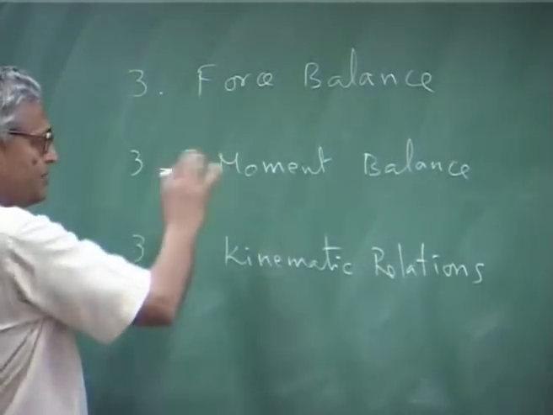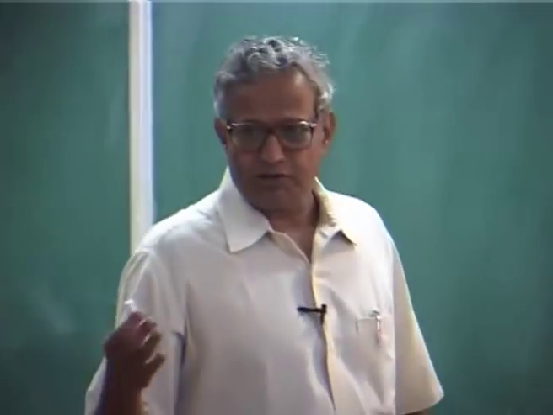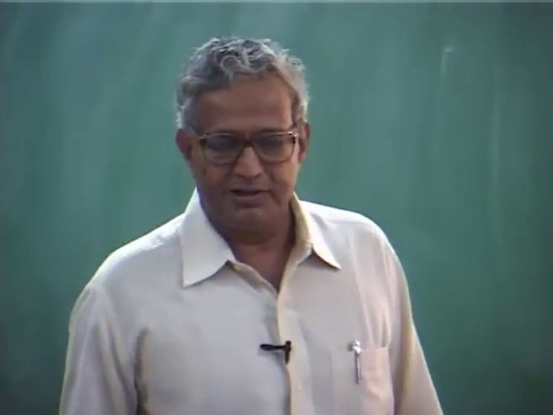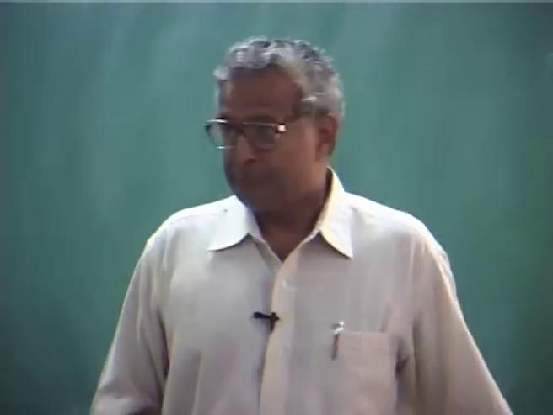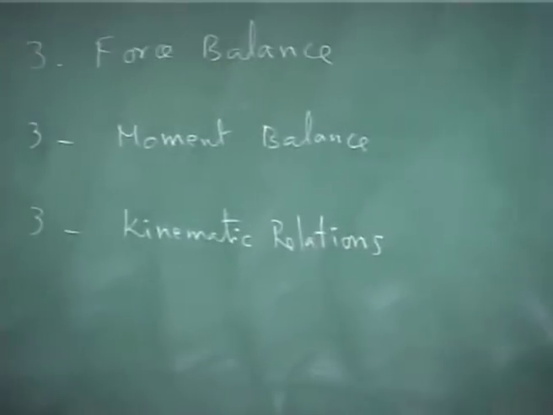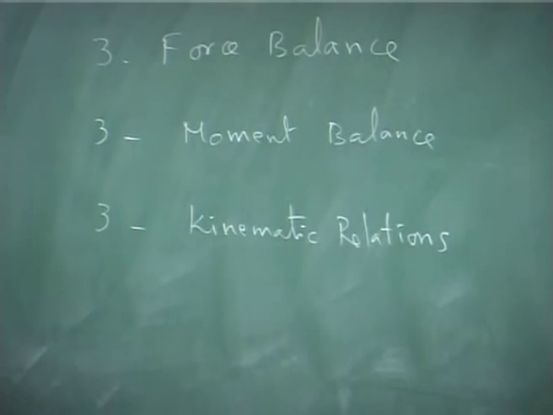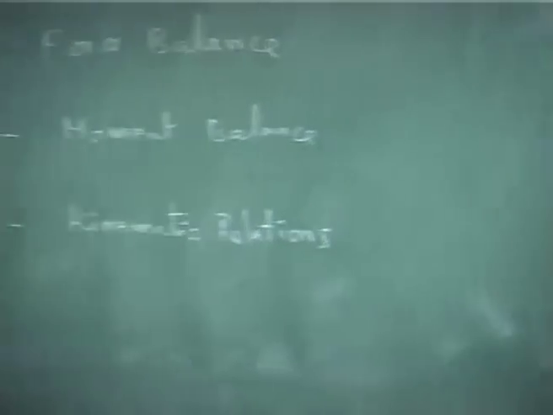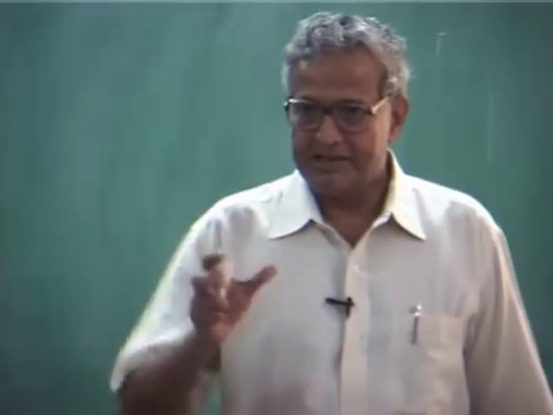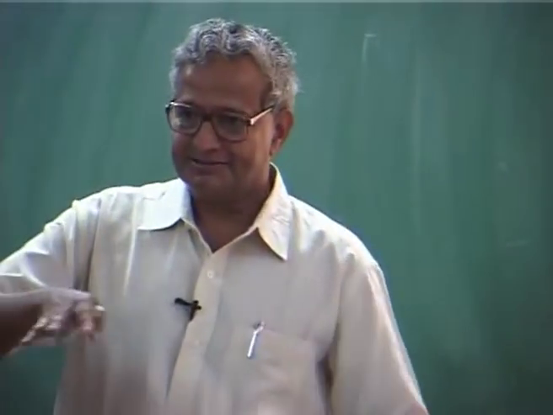Now, force balance and moment balance, you know, for a rigid body: F is equal to m a, that is Newton's law, and the moment balance relates moment to angular acceleration, etc. But the kinematic relation represents the instantaneous angular velocity, because at every instant the aircraft is turning.